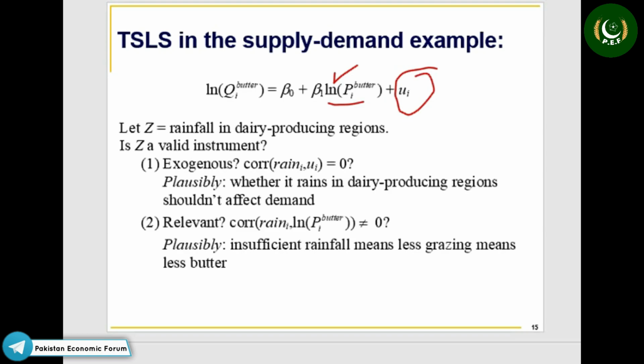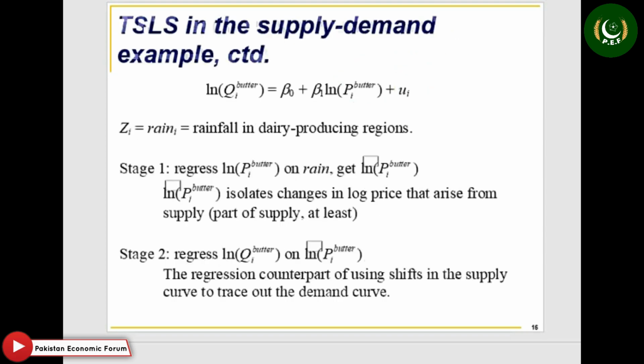So therefore they are correlated. They tried to find a factor which affects supply but not demand, and in this way it's correlated with price. Insufficient rainfall means less grazing, means less butter, means higher price.